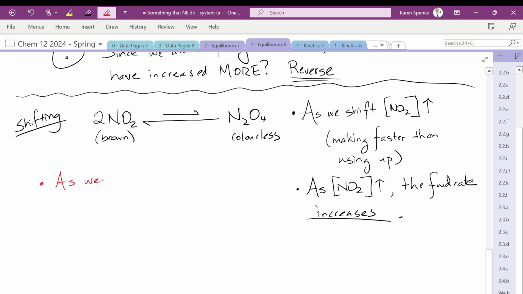As we shift, what is happening to the concentration of N2O4? It is decreasing because you can see we're using it up faster than we are making it.